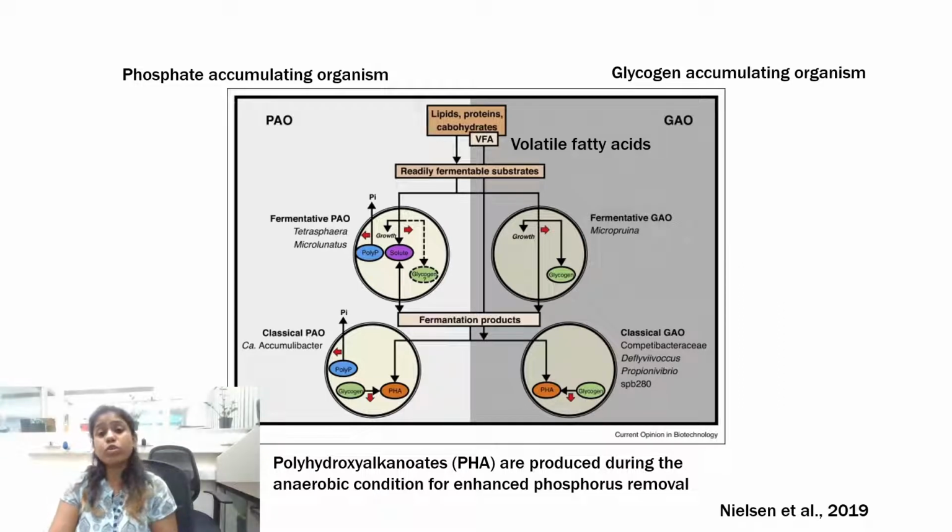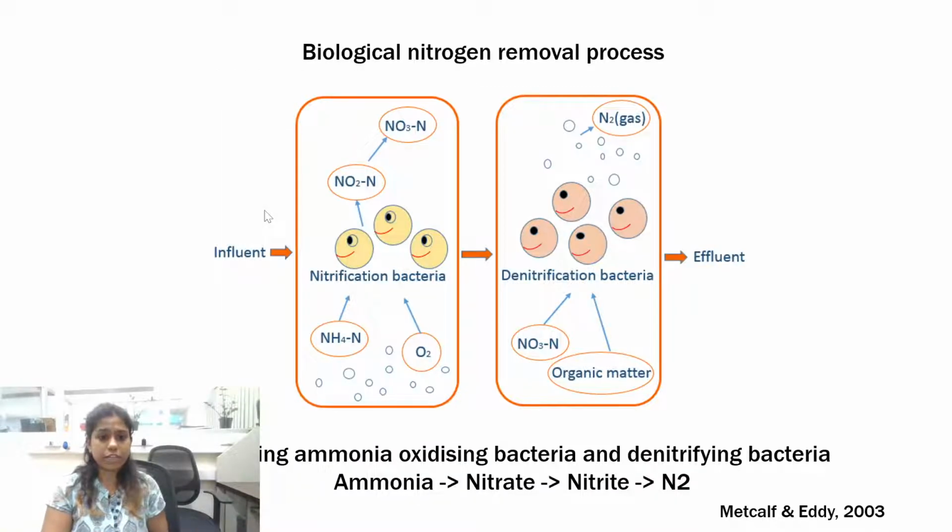Here, two different types of microorganisms are required. One is a phosphate accumulating microorganism, another one is a glycogen accumulating microorganism. The PHA that is produced in the anaerobic condition also has to be controlled, and the glycogen from the PHA also has to be accumulated and eliminated, and hence we require two different types of microorganisms.